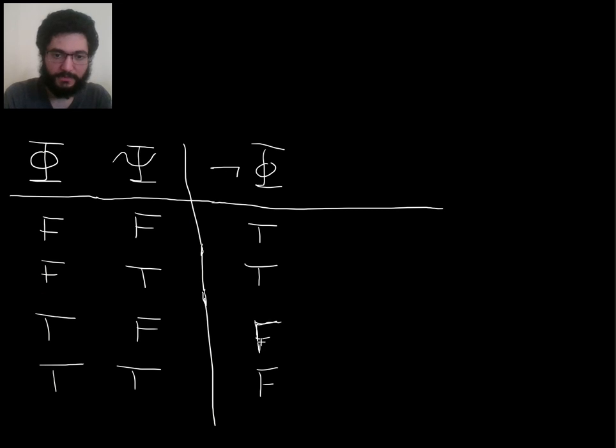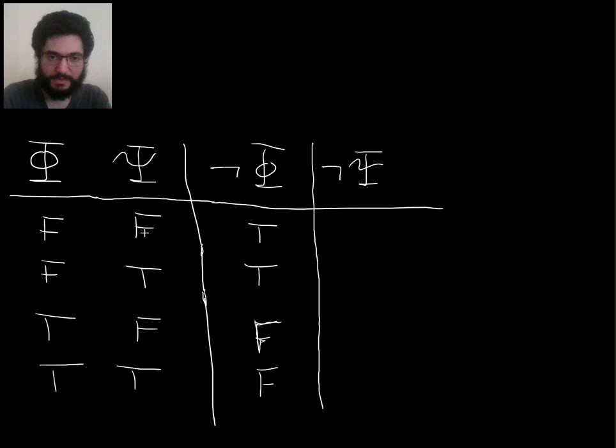And that's sort of due to the way we defined the word false. We said for a proposition to be false is just to say that its negation, its not, is true. And we also said that not not phi is the same as phi. Now let's also look at not psi in this situation. If psi is false, not psi is true.